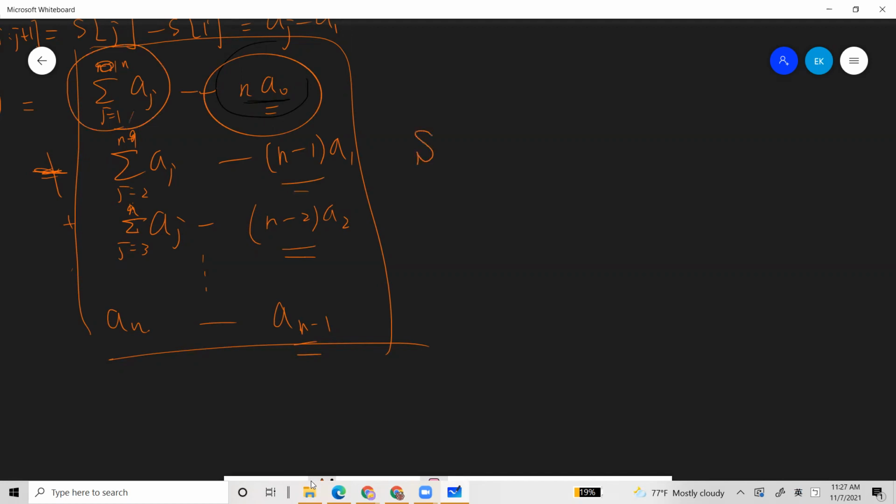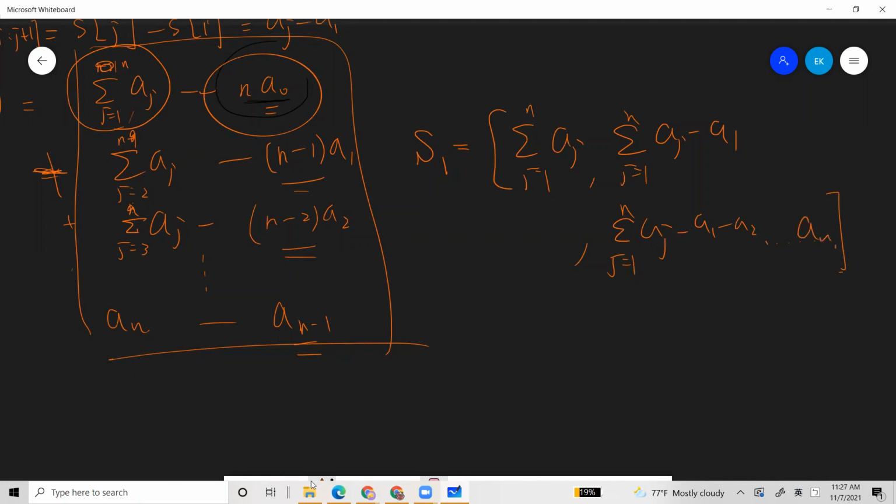So I create another array S1, where the first term is the summation of Aj from 1 to n, the next term is that summation minus A1, then minus A1 minus A2, and the final term is An. I can construct S1 in O(n) time with just one iteration.